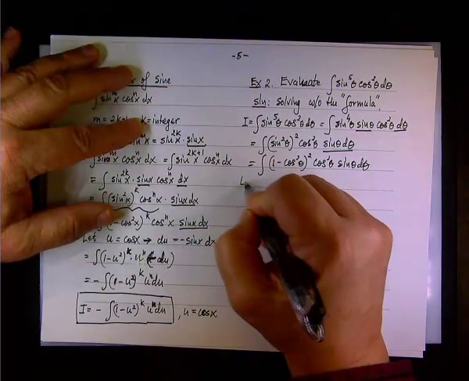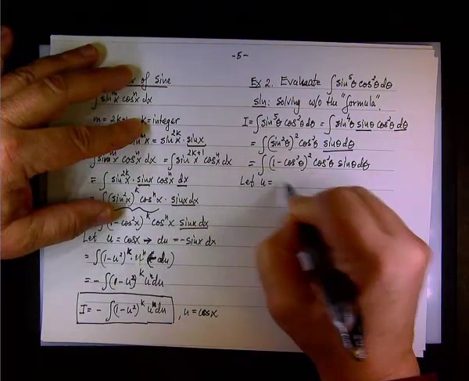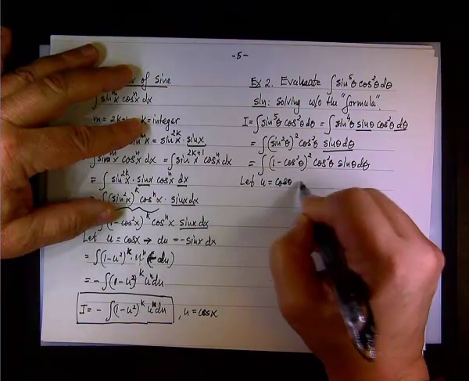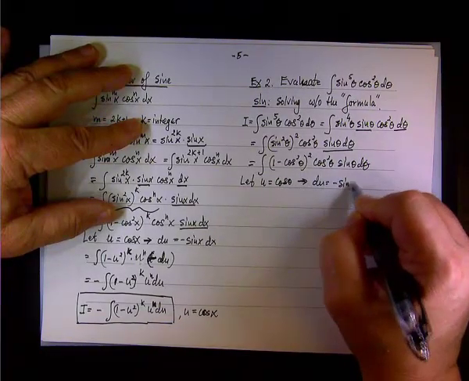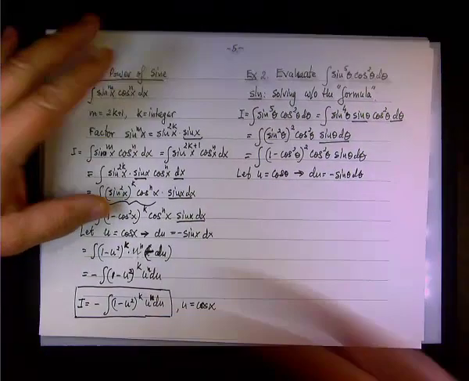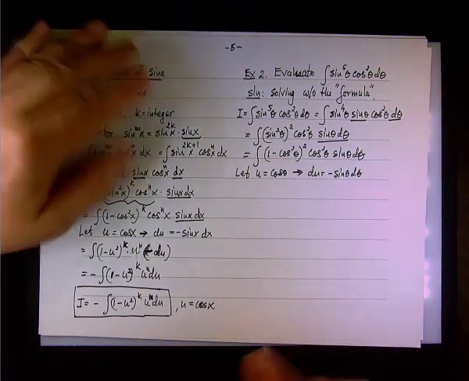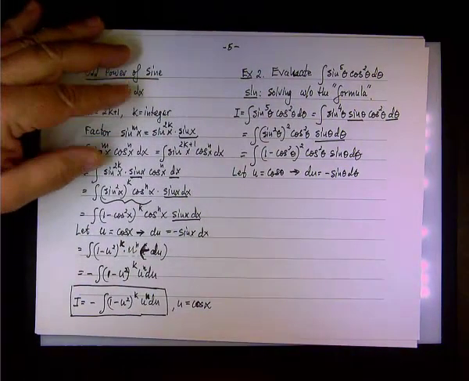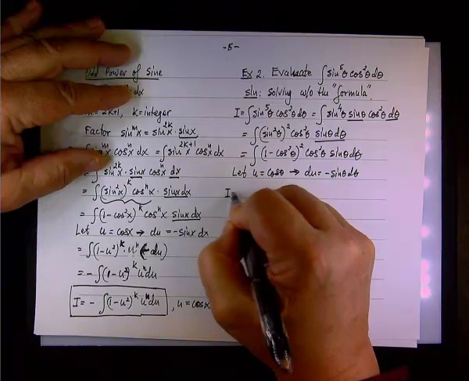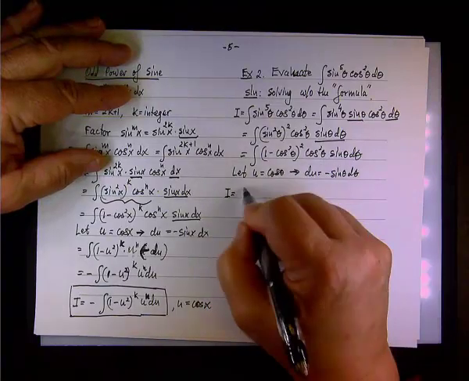Why is that? Because the integrand is all expressed in terms of the cosine, while the differential is sine theta d theta. So we let u equal cosine theta, and therefore du equals negative sine theta d theta.